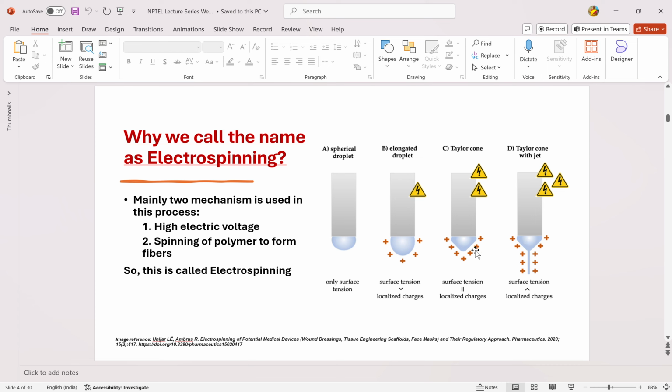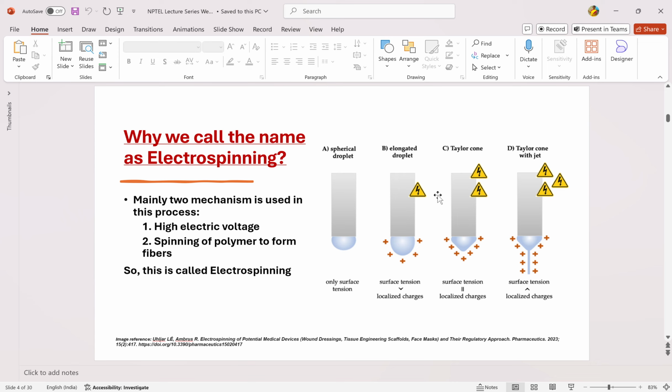From this Taylor cone, a very fine polymer solution will come out, that will form your fiber. That fine polymer solution, this line that you can see, is your fiber coming out. This will only happen when the surface tension of your polymer solution is less than the localized charges.